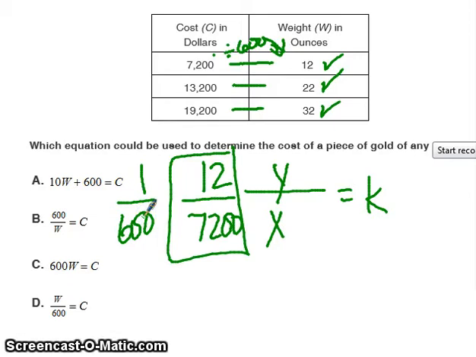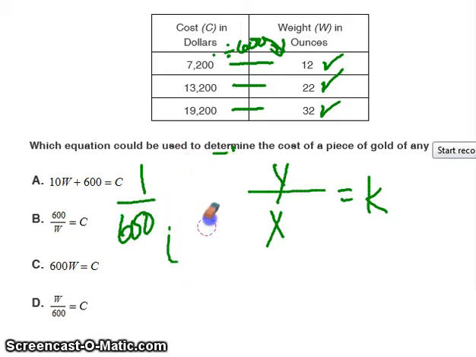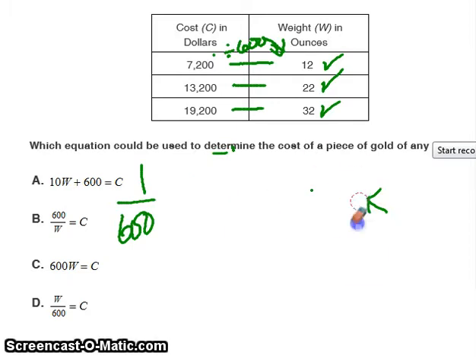And if you multiply that by your cost, that will give you your weight. Okay. Answer that we can mark off would be A.